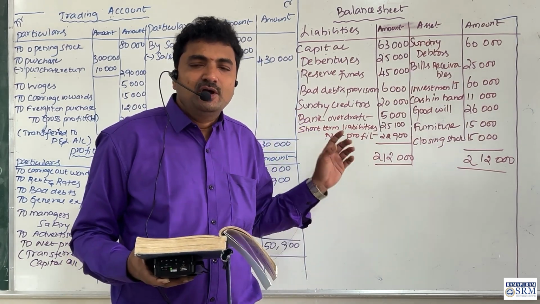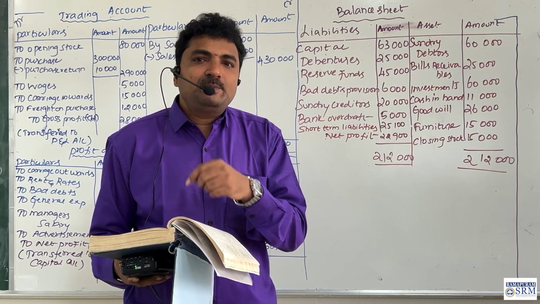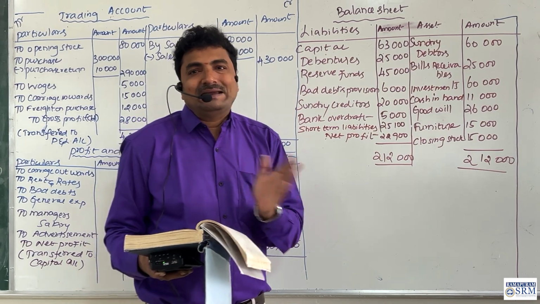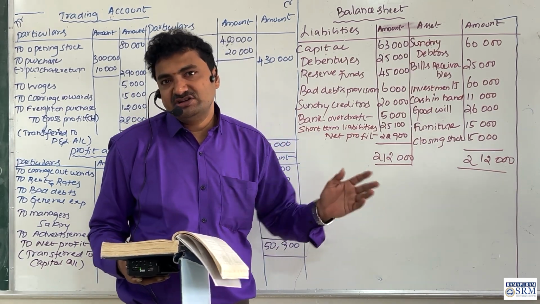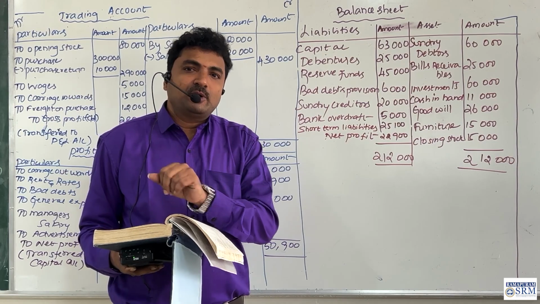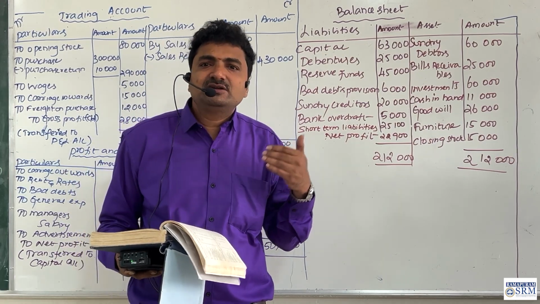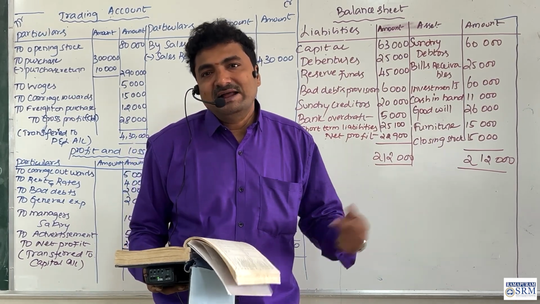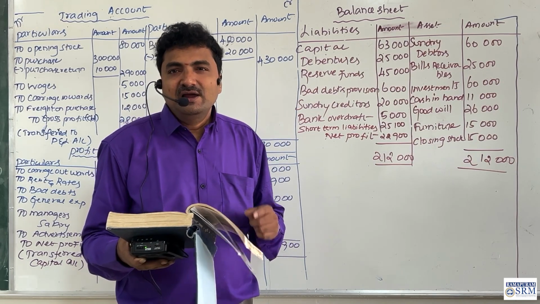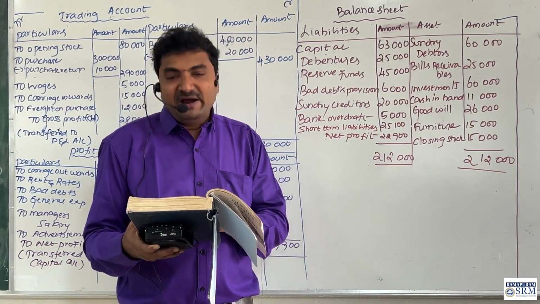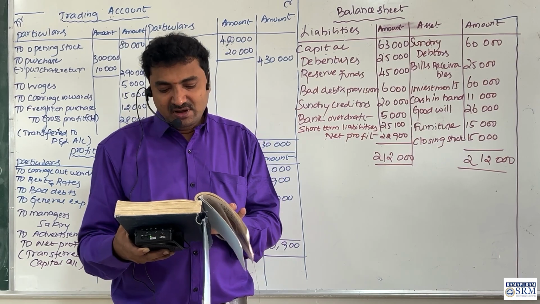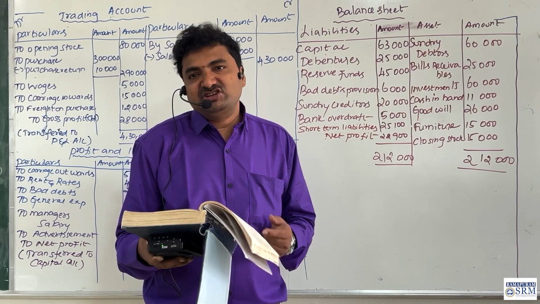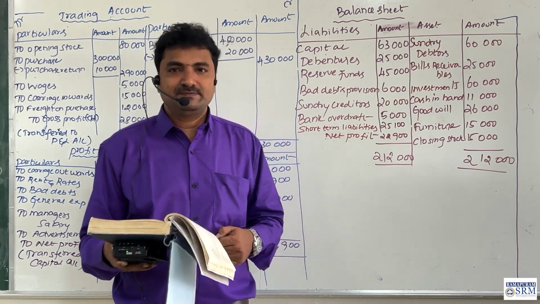Drawings means the proprietor's withdrawal of some amount from capital for personal purposes. Why does the company give preference to the proprietor? Because he has invested the full amount for the company's growth and development. So capital plus net profit minus drawings plus interest on capital. If any income tax is there, you have to reduce it.